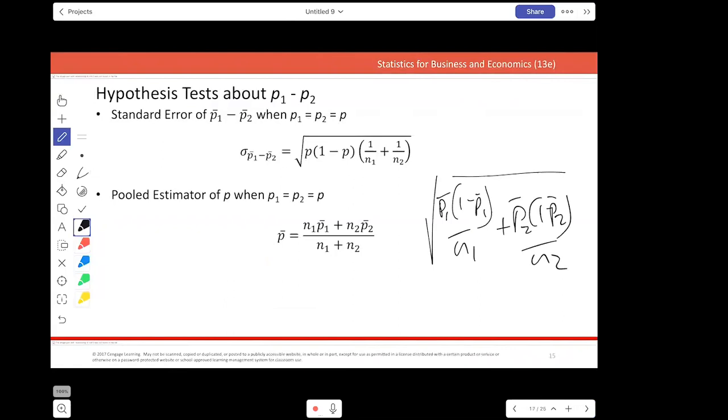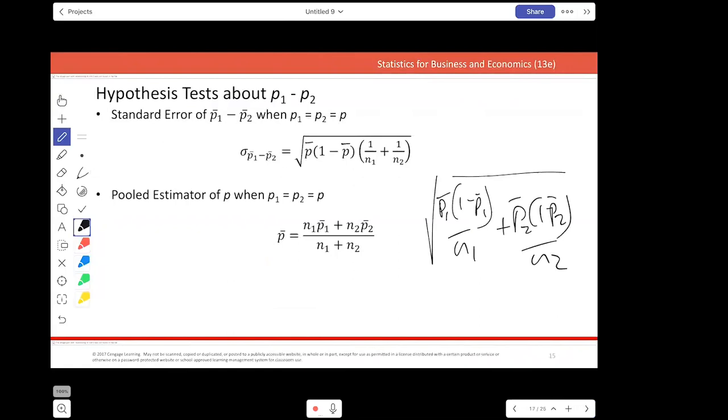So that's what I showed you earlier as the standard error. But now, something is missing here in my formula. So the book has an error right here, either the book or the PowerPoint notes produced by the authors. There's supposed to be a bar missing.